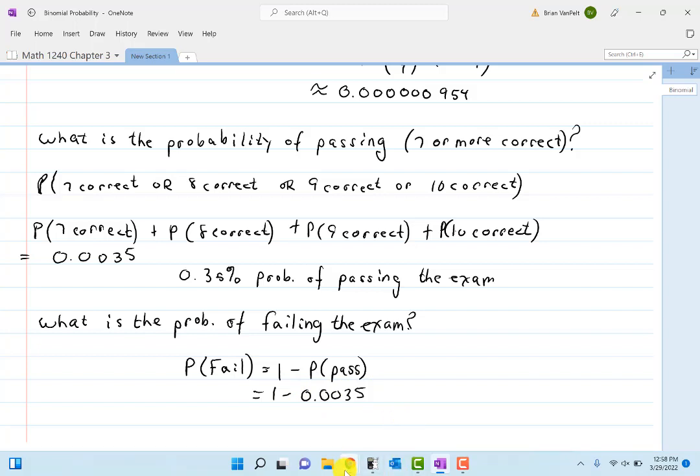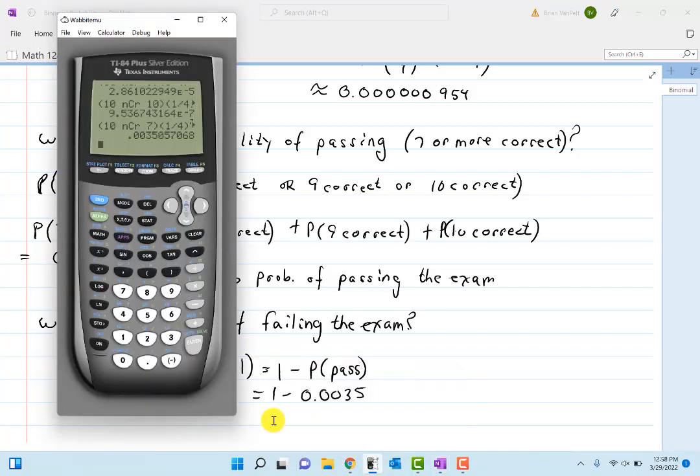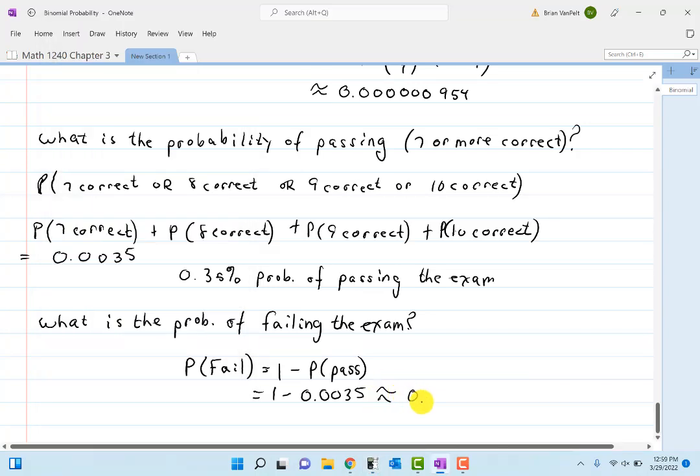And you don't have to do that even. You can come back to your calculator, and I can do 1 minus, and if you want, just go up there, enter, and then enter again, and we get about 0.9965. Or 99.65% chance that you'll fail the quiz.